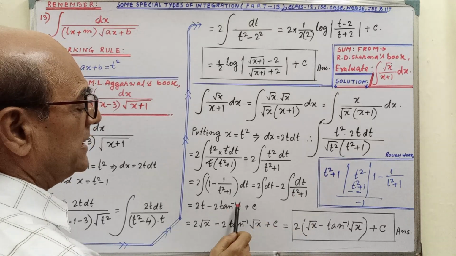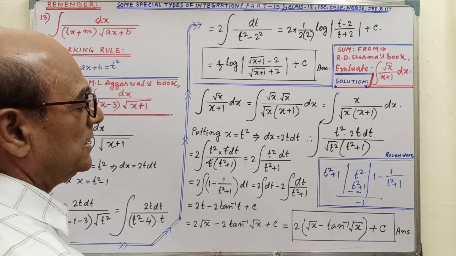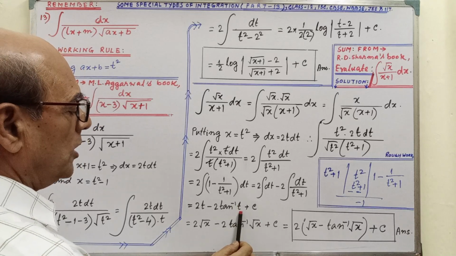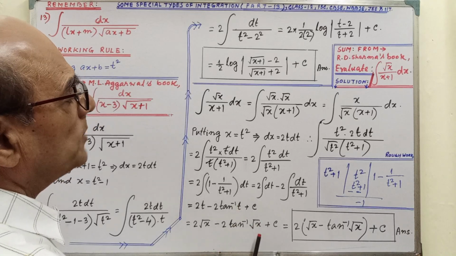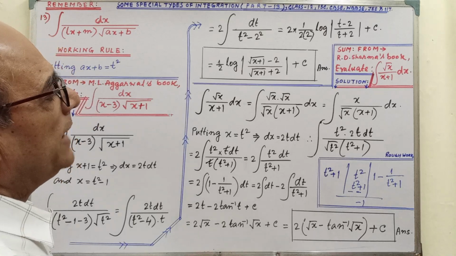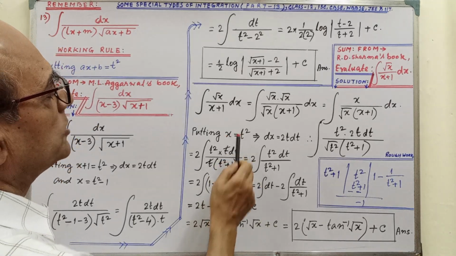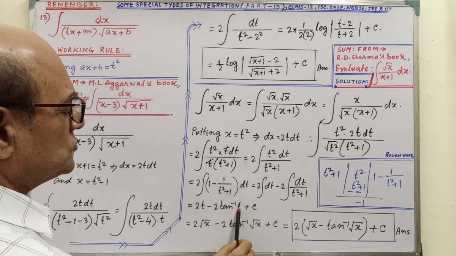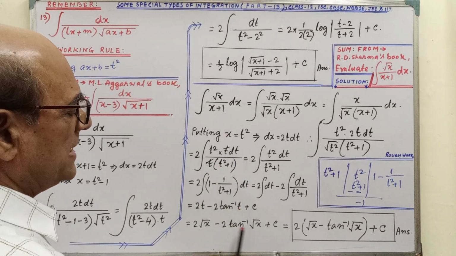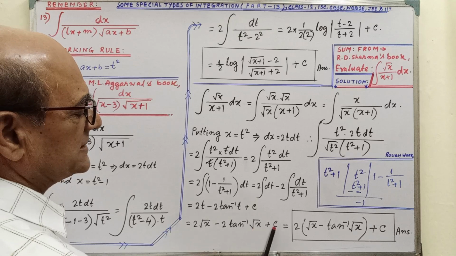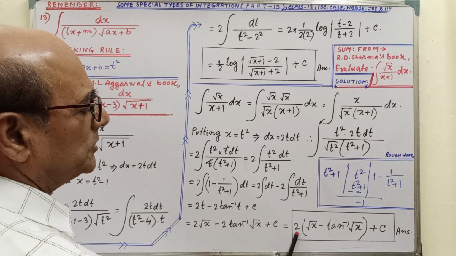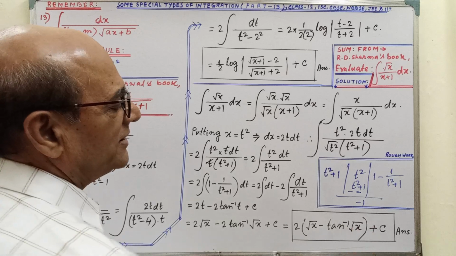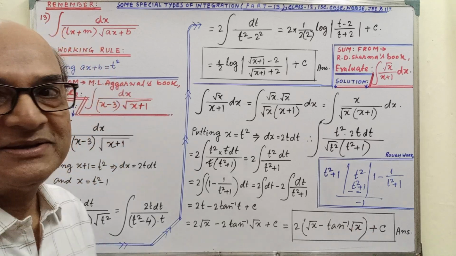In place of x here is t, so tan inverse t plus c. Now we have to put the value of t. We had taken x equal to t square, so t equal to root over x. So in place of t we are writing root x, and here also tan inverse root x plus c. Now taking 2 common and simplifying, we are getting this. This is the answer. Very simple.